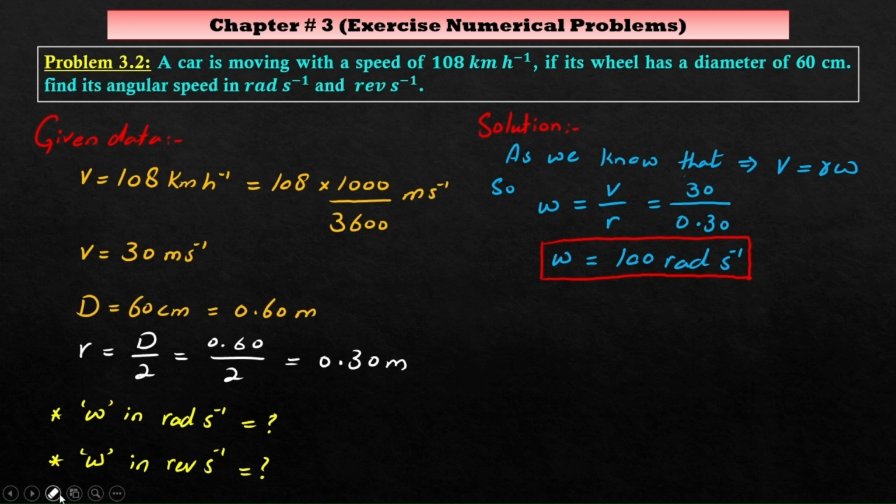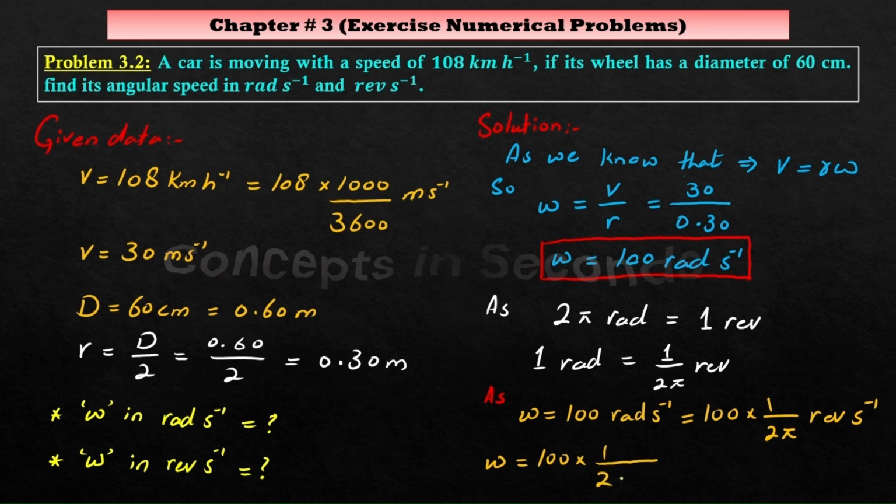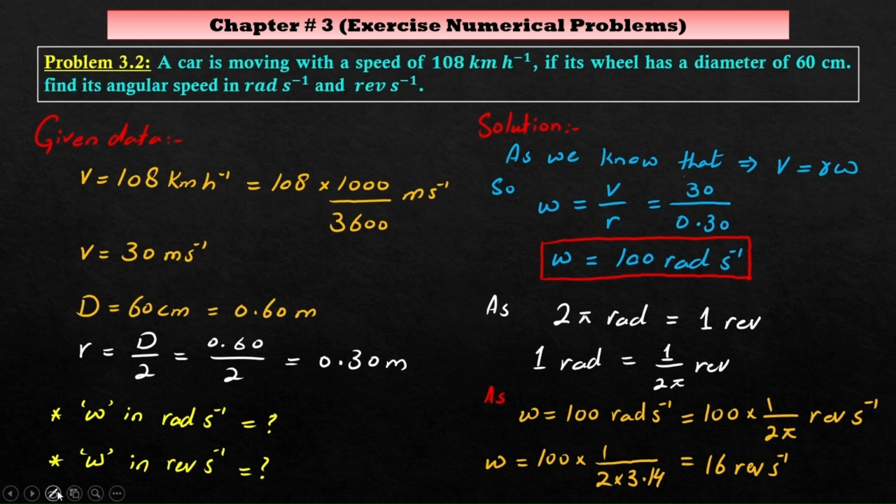We can also convert it into revolution per second, as we know that 2 pi radian is equal to 1 revolution. So 1 radian is equal to 1 over 2 pi revolution. Multiplying the above answer with this factor, it will be converted into revolution per second. 100 multiplied by 1 over 2 pi revolution per second. We know that pi is equal to 3.14. So omega is equal to 16 revolution per second.